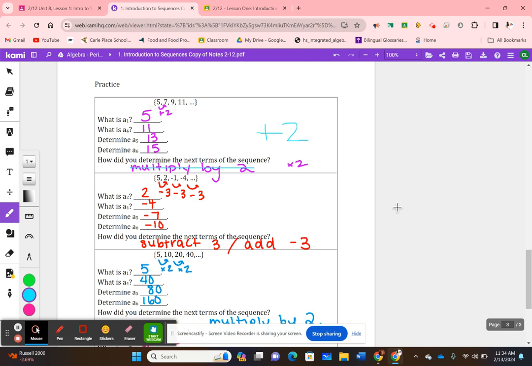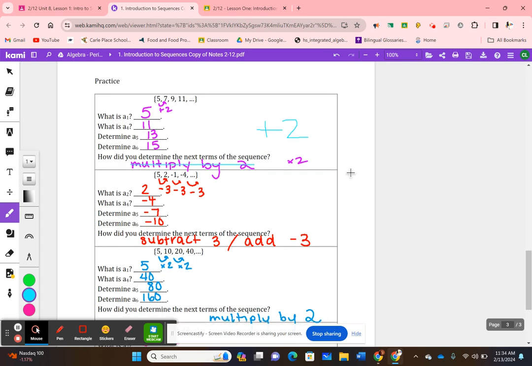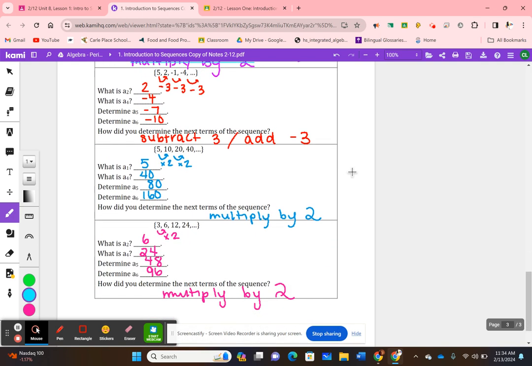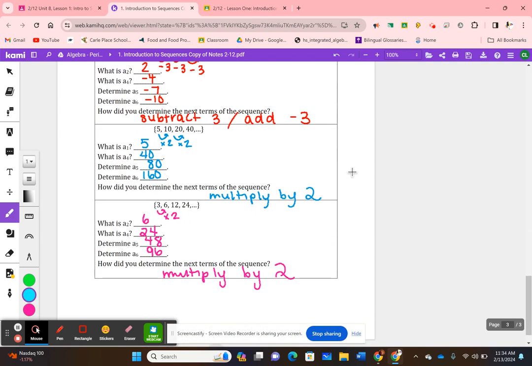Similar to what we talked about in explicit, we always say things in terms of adding, so we would say add -3 instead of subtract 3. But whatever you say in your head is absolutely fine. Then the next one is multiplying by 2. That is correct. And the other one is also multiplying by 2, but if you notice, the last two sequences had different start numbers, so they're different sequences.